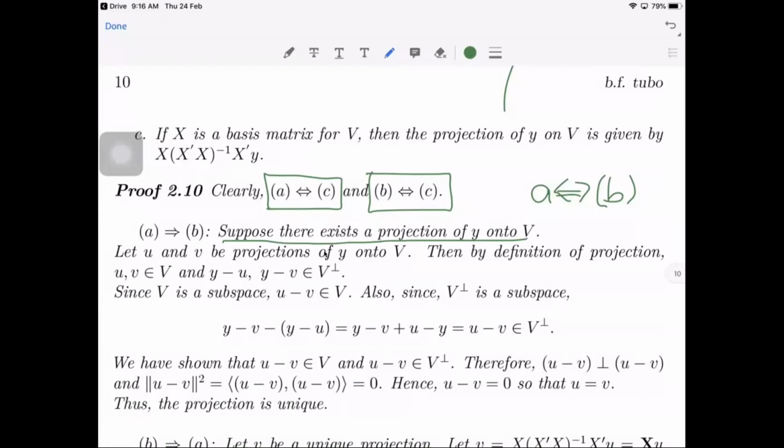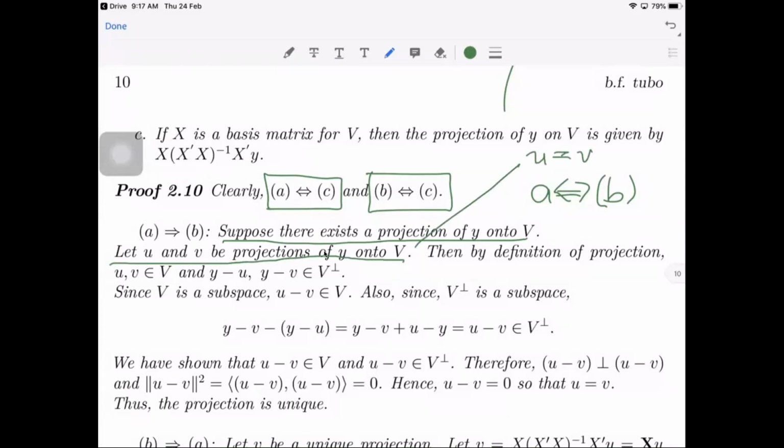To show uniqueness, you assign two different values of projections. So in your proof, you assume two projections. So let U and V be projections of Y unto V. To show uniqueness, you have to show that U is equal to V. That is showing uniqueness.